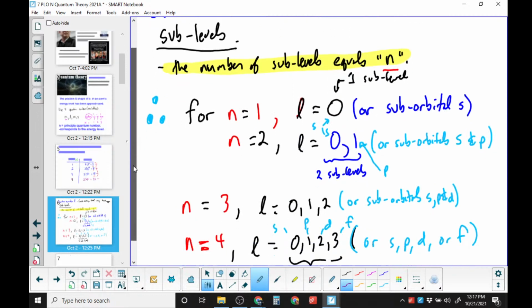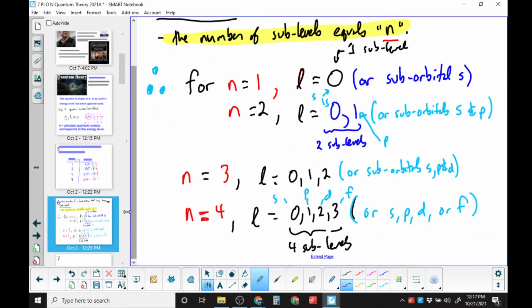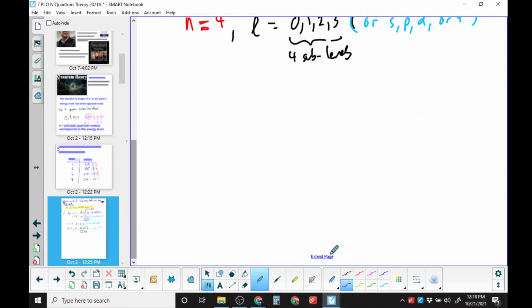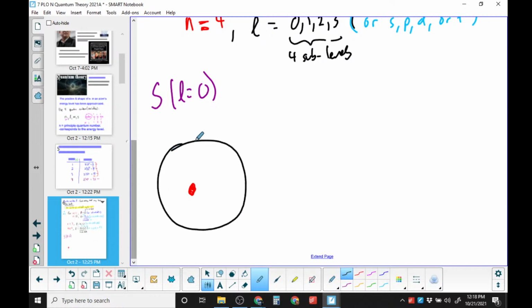And then here we start labeling things, because now these orbitals have shape. S, or L equal to 0. In an atom, here's our nucleus. And you don't have to write this down. I'm just showing you. This looks like a sphere.